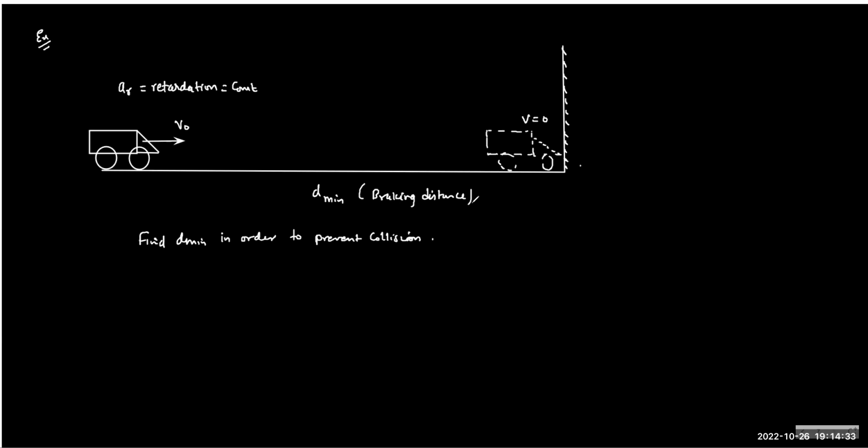Generally, if you read the specification of a car, they do mention the braking distance, that it takes maybe 100 meters to stop, if it is a really good car, and 100 meters to stop if the speed is 80 kilometers per hour, or if it is 100 kilometers per hour, then it will take slightly more distance.